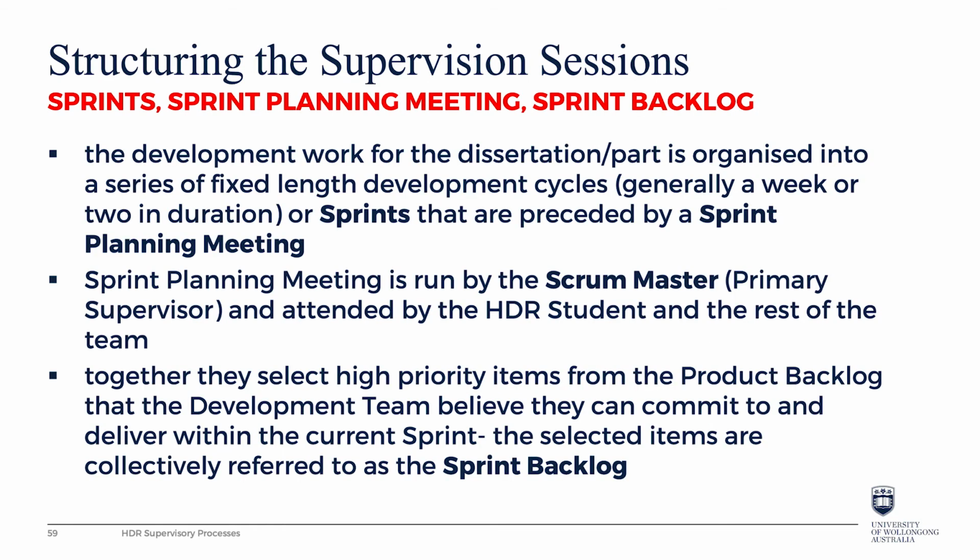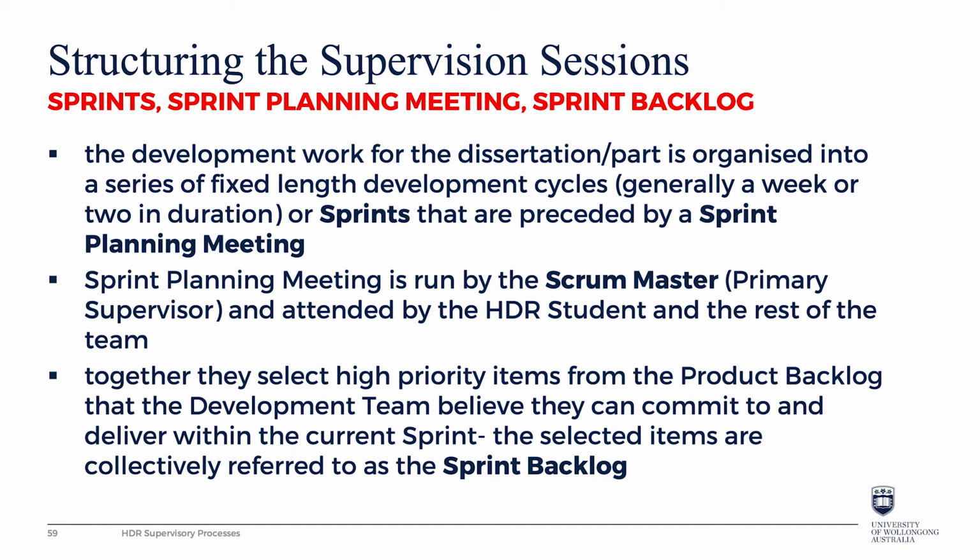There are some other aspects to this that change, but the most important thing is the way we organise the work. So agile approaches try not to build a monolithic entity, a monolithic service or a monolithic software. And when we apply this to HDR supervision, the same thing should happen as well.